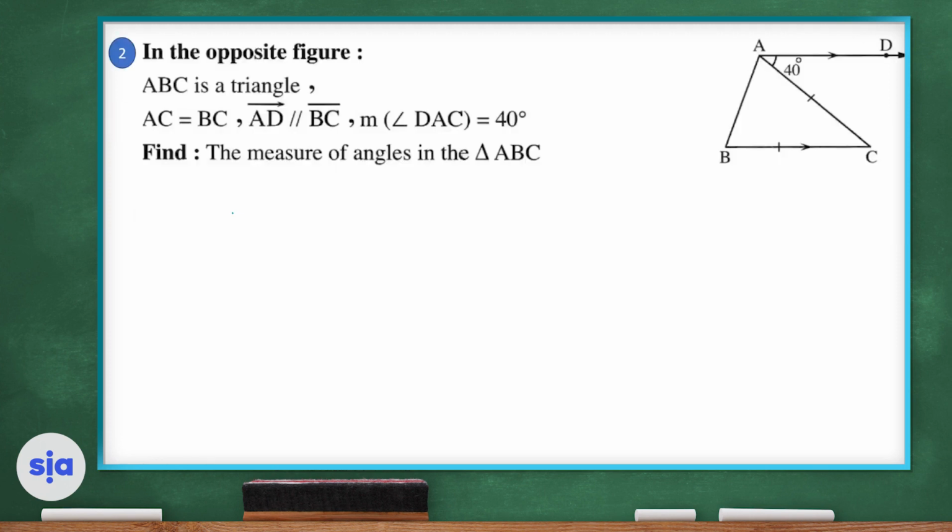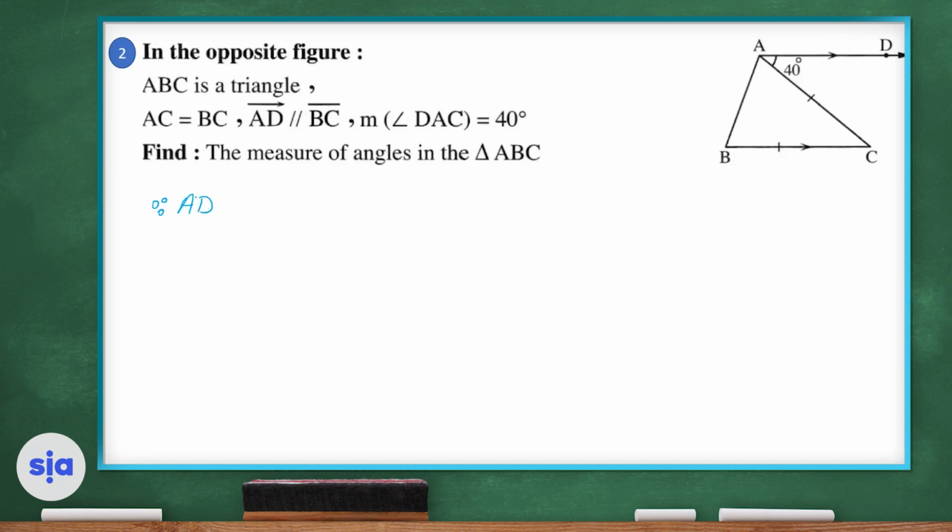In the opposite figure, triangle ABC, where AC is equal to BD, AD is parallel to BC, and measure of angle DAC is 40 degrees. The question wants us to find the measure of the angles in this triangle.